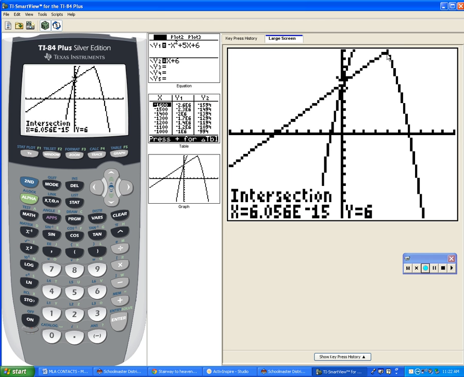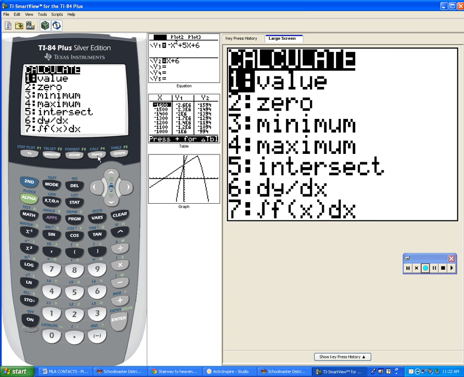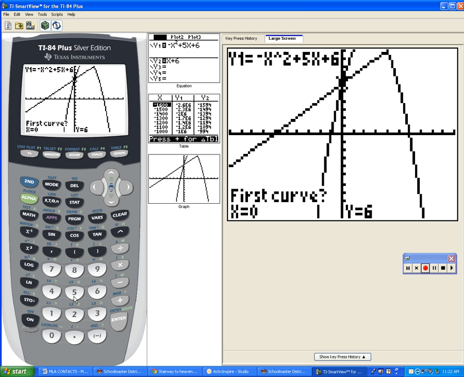You ready? Second, calc, which is above trace. I want to choose number 5 because I want to see where those two curves intersect. When it says first curve, I'm just going to hit enter. When it says second curve, I'm just going to hit enter again.